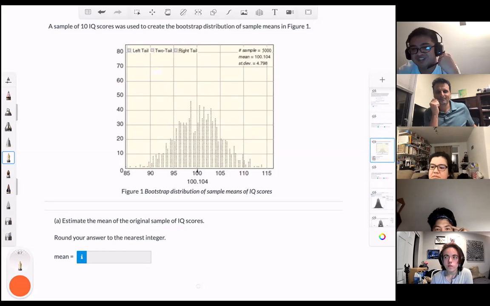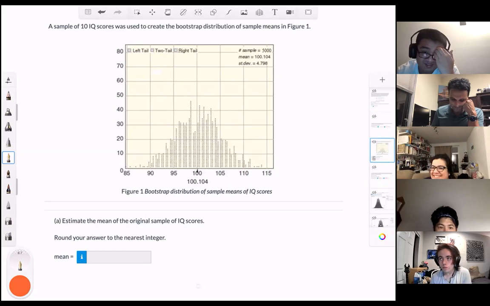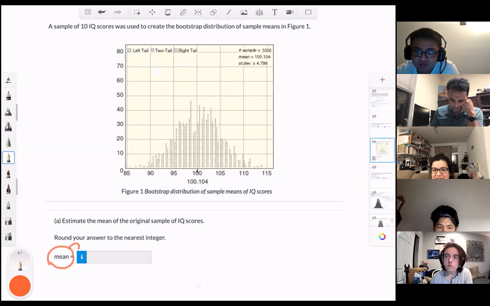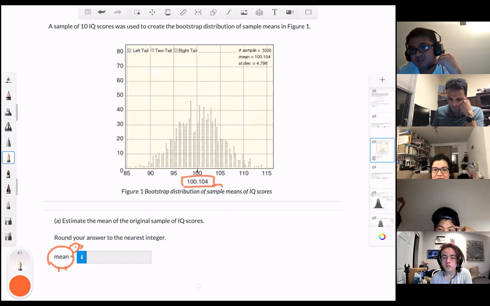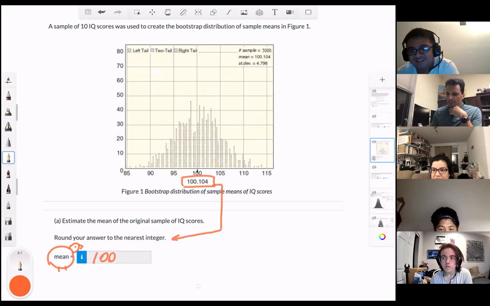Wait, what was the question again? What is the mean? 100.104. Very good, you got it. But if you read this one, they said round it to the nearest integer, so we will go with 100. Okay. Don't make it complicated.